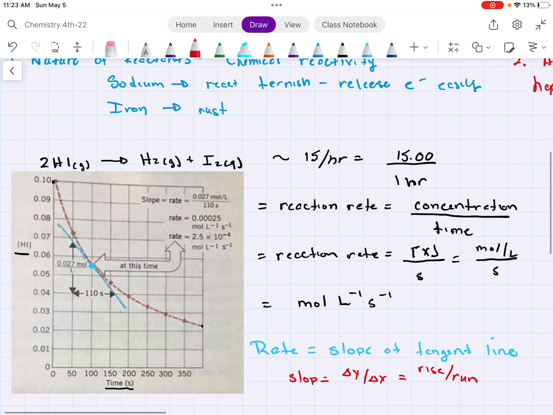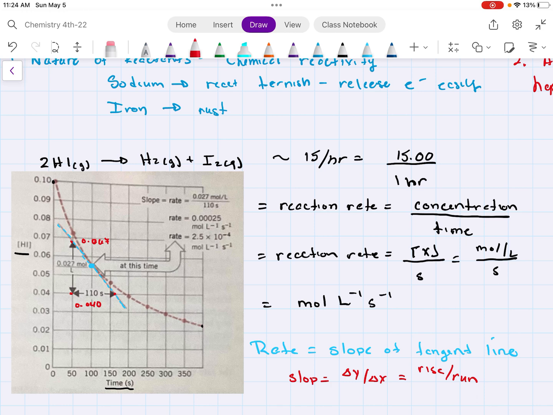So if you put a dot here on this line, at this time interval, right here, let's call this 0.067, and we'll call this point here 0.040.